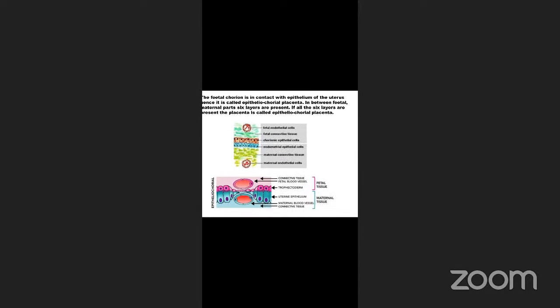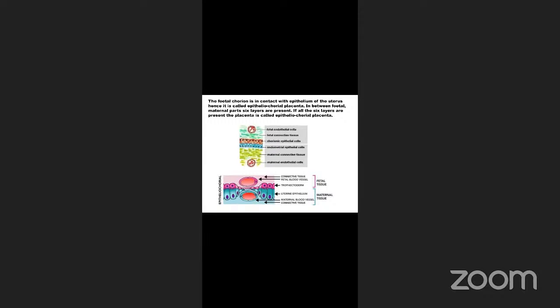So here we can see the fetal chorion is in contact with the epithelium of the uterus, hence it is called epitheliochorial placenta. Here fetal and maternal 6 layers are present. Then syndesmochorial placenta, which is seen in ruminants, and here the fetal and maternal components are fused. Therefore, the uterine epithelium is destroyed completely.